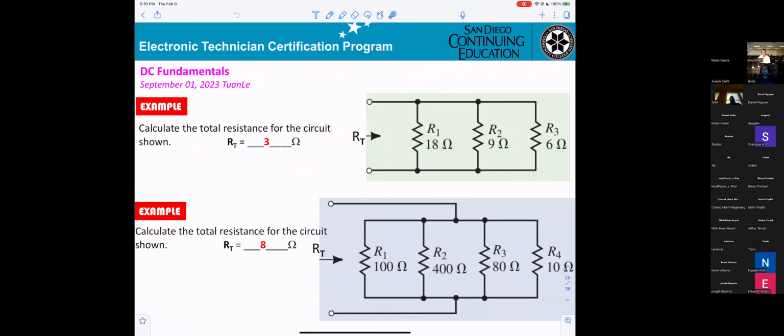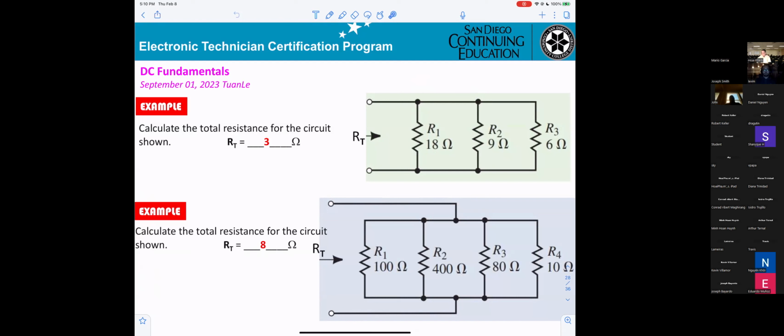Last time we already talked about the parallel circuit: the voltage across resistors in parallel will be the same. The current will be different between R1, R2, R3, and so on.